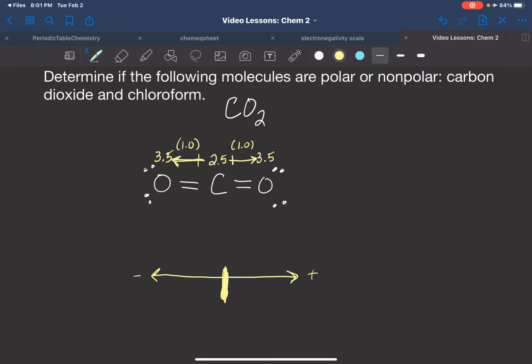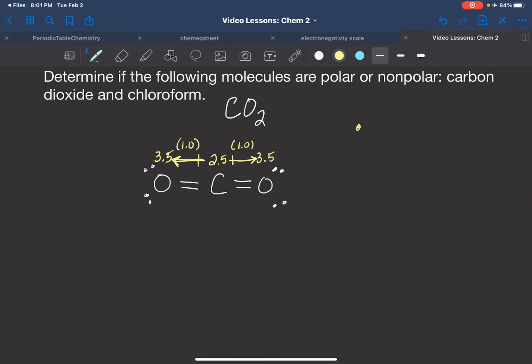And we see that there's a positive 1.0, and then there's basically a negative 1.0. And if you add those two together, they basically cancel each other out. And so what we see happening here is there is no net pull right or left, so to speak, on this molecule to one side or the other.